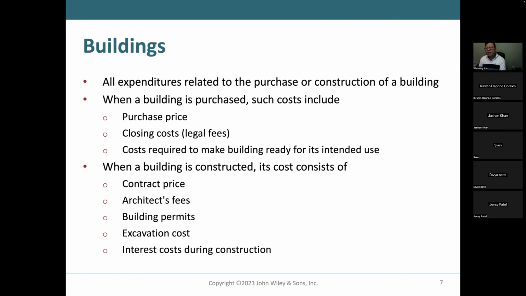If you purchase a building, there's a purchase price, and you still need to hire a lawyer to do the paperwork, so that everything is done properly and does not leave any room for future disagreements, future legal actions. And also, there are the costs required to make the building ready for its intended use.